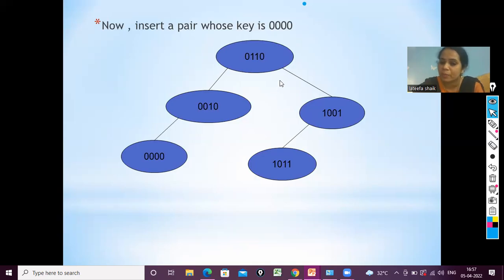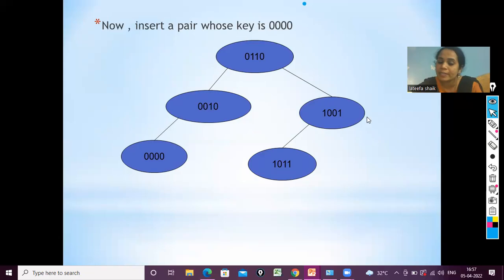Consideration of the first bit, because it is the first level at the root. What is the first digit of the search element? The search element is 1001, so the first digit is 1. At the root level, 1 as the first digit means you traverse towards the right subtree.